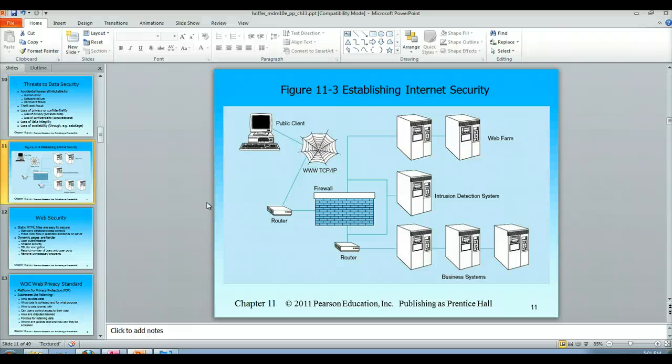And I'm going to talk about that a little more in the subsequent video lecture on web security. So I'm going to probably start that here on this slide.